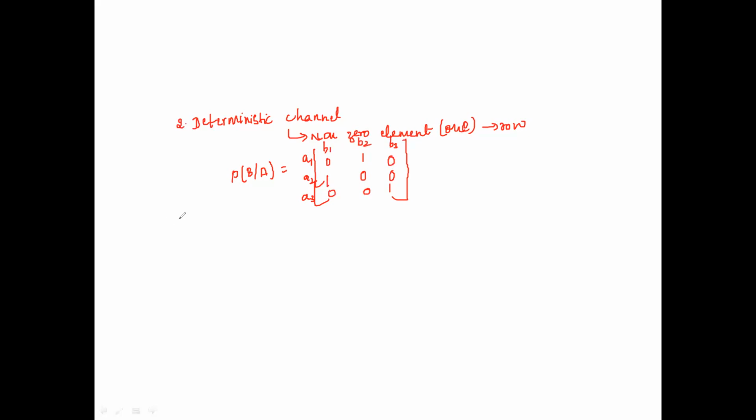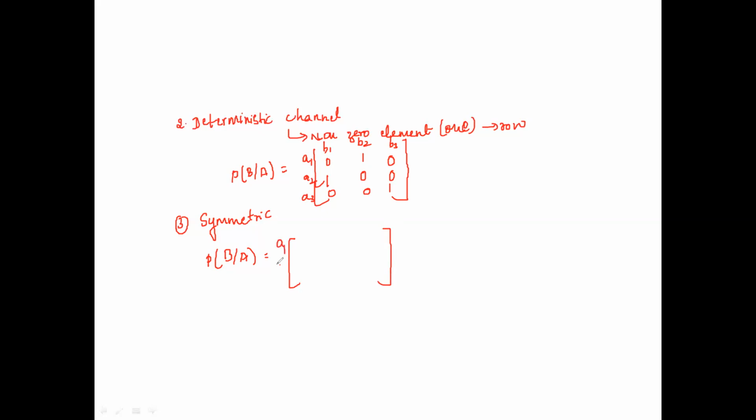Okay. The next type of channel is the symmetric or uniform channel. This is a special channel in which the second and subsequent rows contain the same elements as the first row.